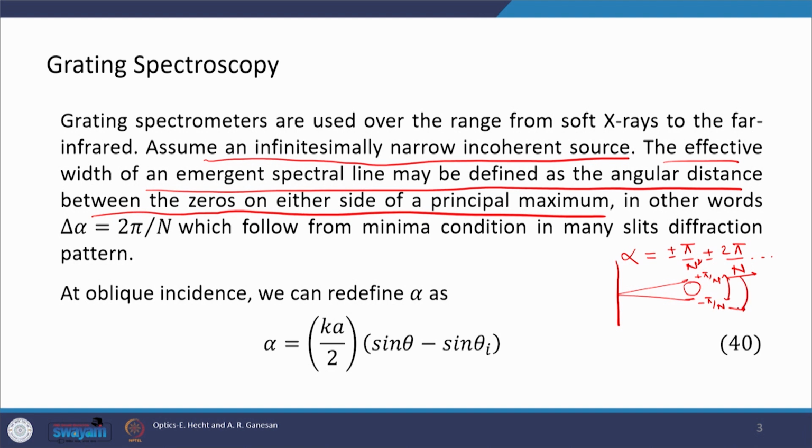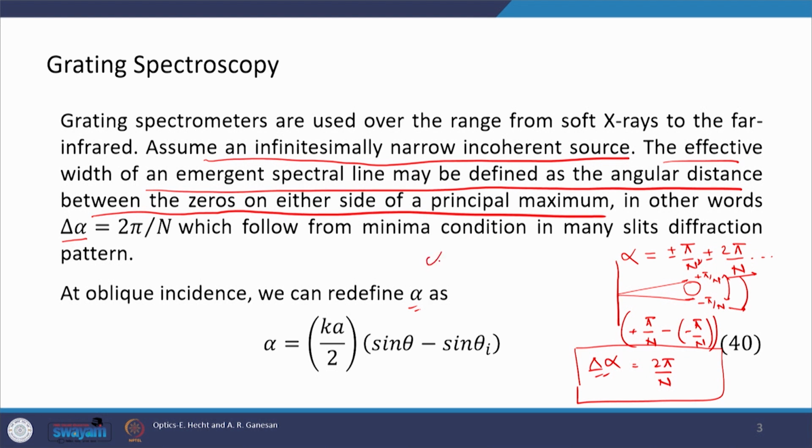The overall angle in this case would be pi by N minus of minus pi by N, which would be equal to 2 pi by N. And this will give us the angular distance between the zeros on either side of this maxima, which we designate by delta alpha.